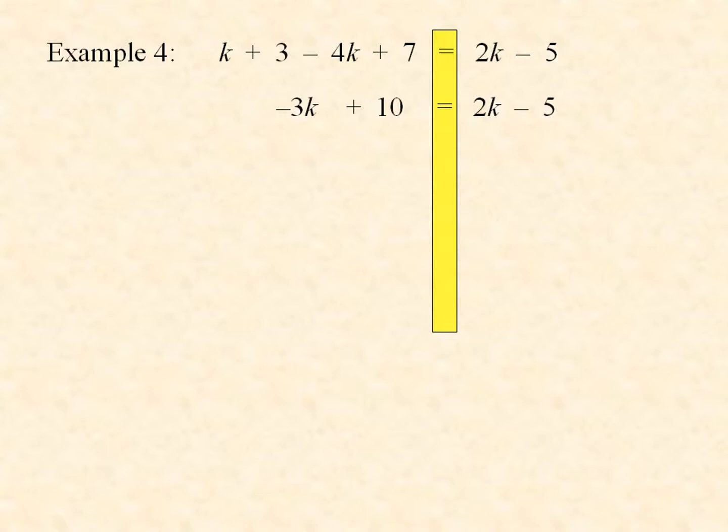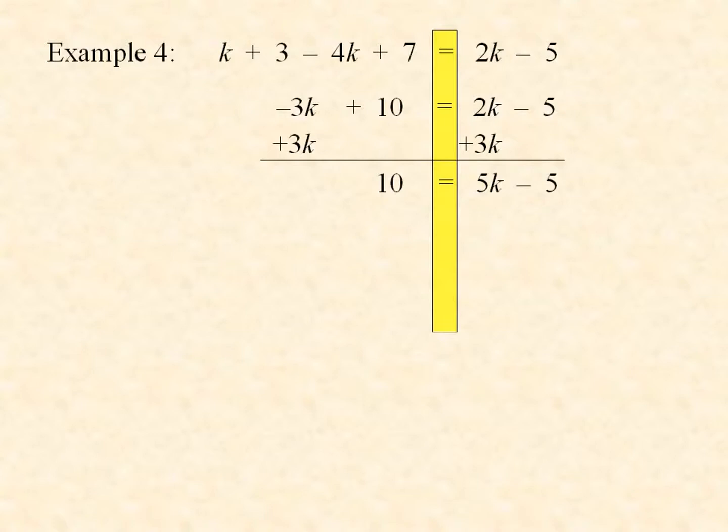Now we have k on both sides. We can either eliminate the negative 3k on the left side, or we can eliminate the positive 2k on the right side. Let's add 3k to both sides. We're getting rid of the negative 3k on the left. That leaves us 10 equals 5k minus 5.